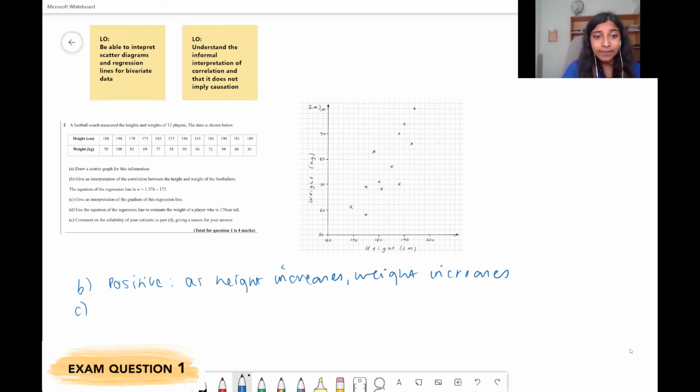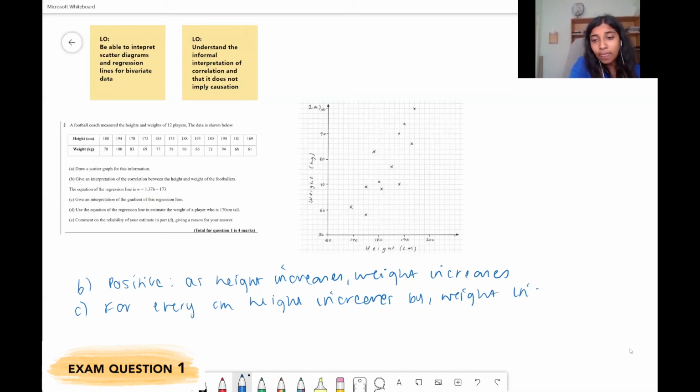So we can say that for every centimeter height increases by, your weight increases by 1.37 kilograms.